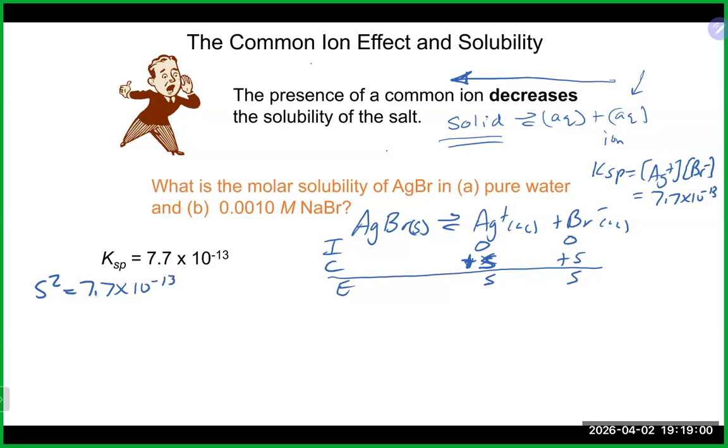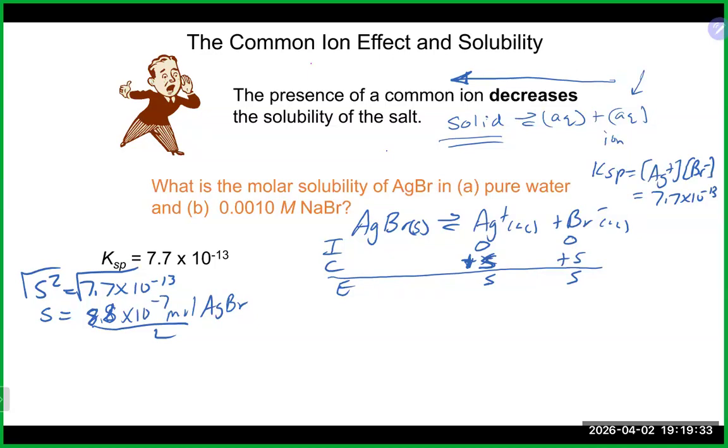And at this point, we will square root both sides. And after you do that, you're going to get a molar solubility of silver bromide in water of, we'll call it 8.8 times 10 to the minus 7 moles per liter is our silver bromide solubility here in water.